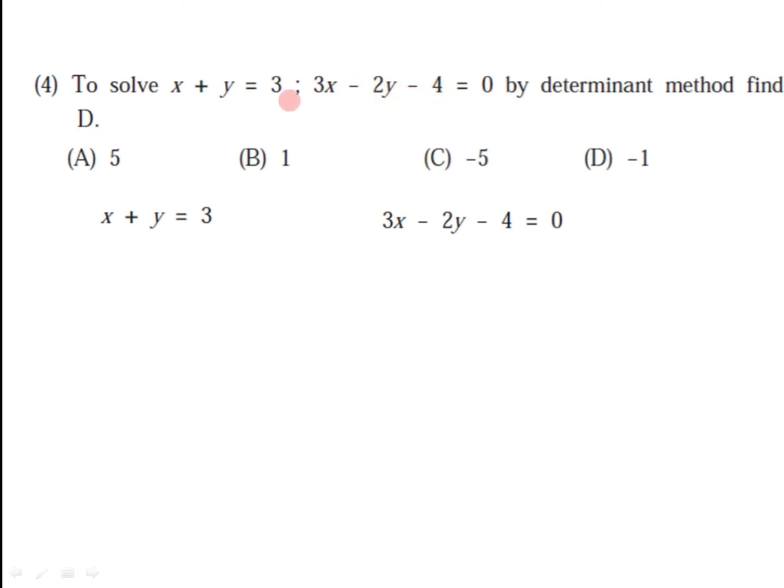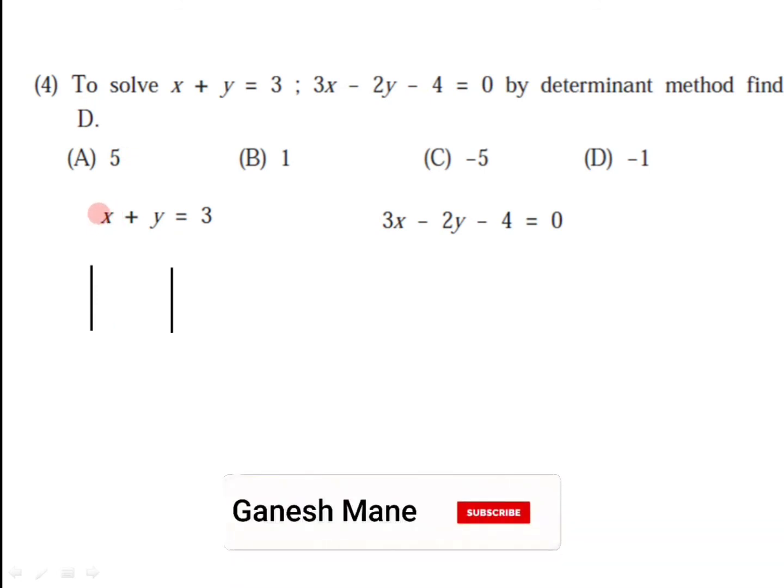But we have nothing to do with the constant terms to find the value of determinant D. We only need the coefficients of the variables x and y. So to find the value of D, we have a determinant which has the coefficients of the variables x and y in these two equations. In the first row, we take the coefficients of x and y of equation 1.